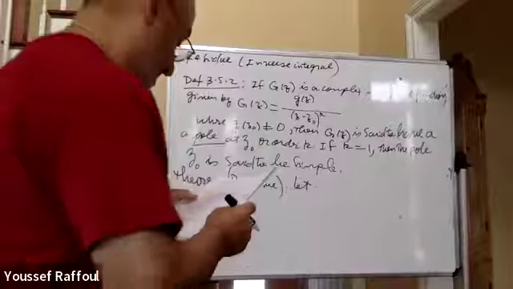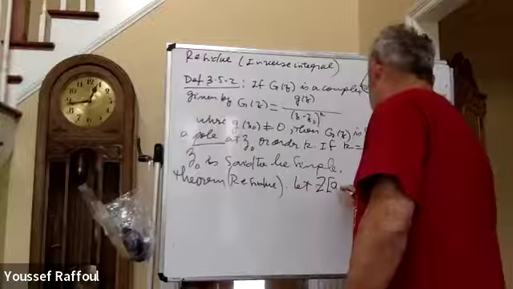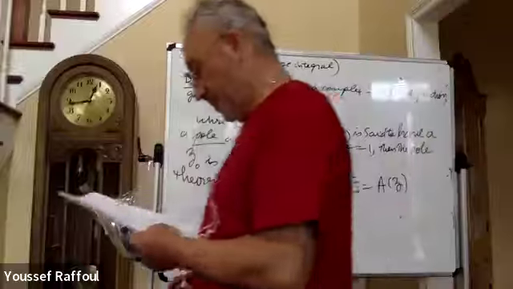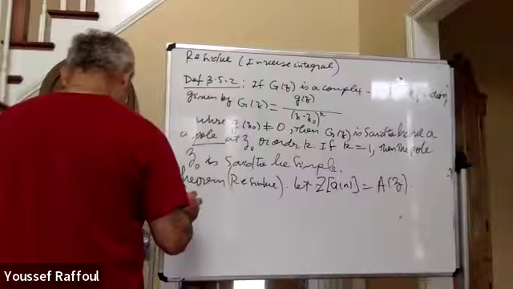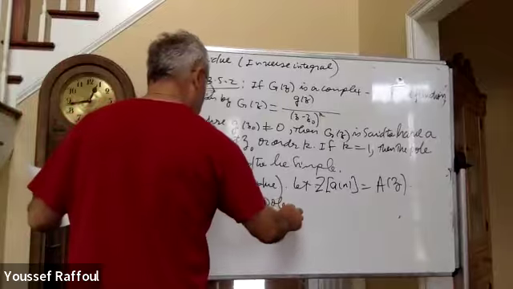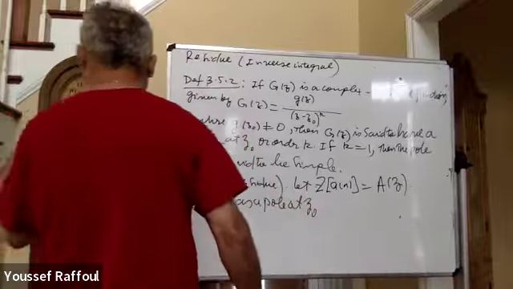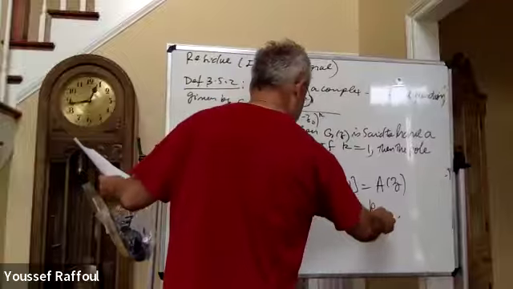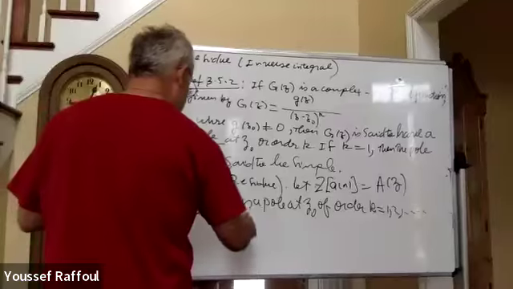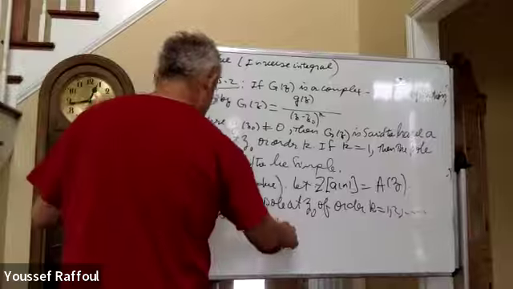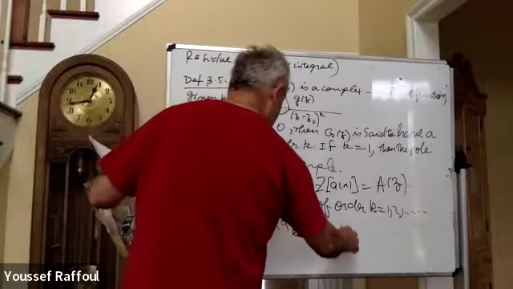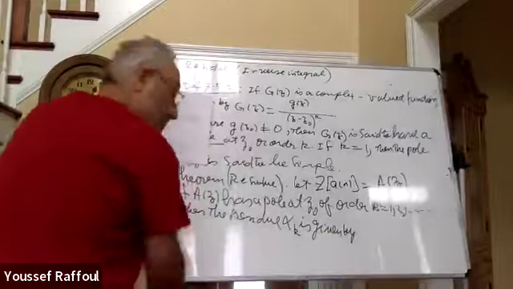Let a n equal a z. If a z has a pole at z naught of order k equal 1, 2, and so forth, then the residue alpha k is given by, I don't want to miss this one out. Can you see it?